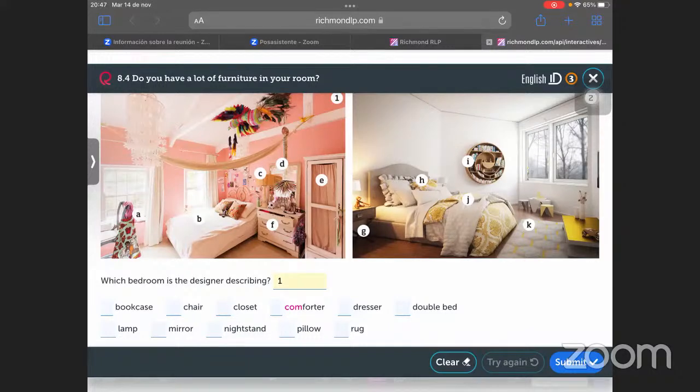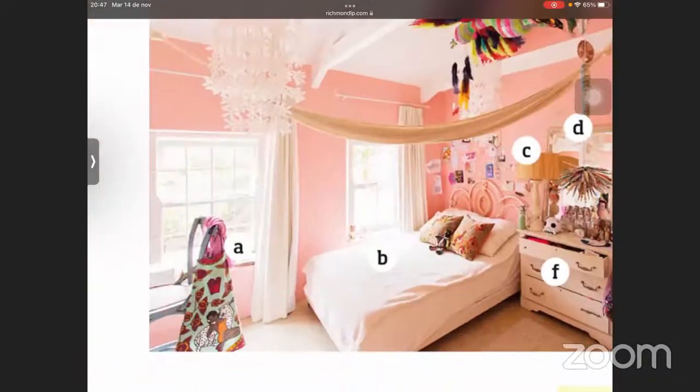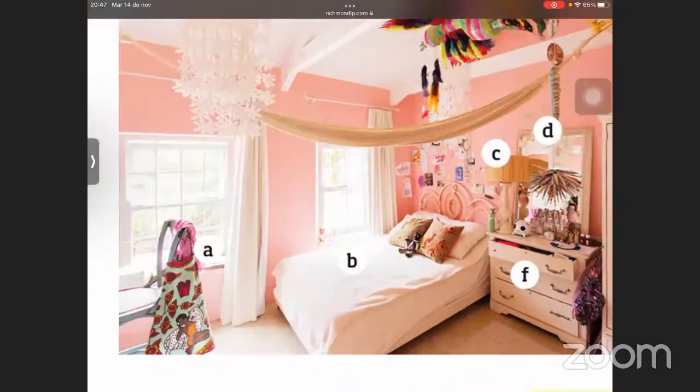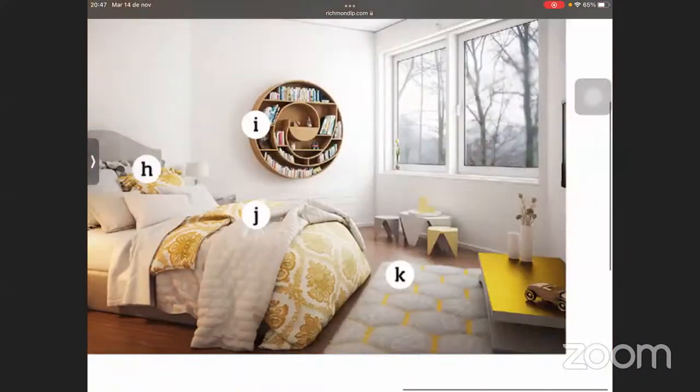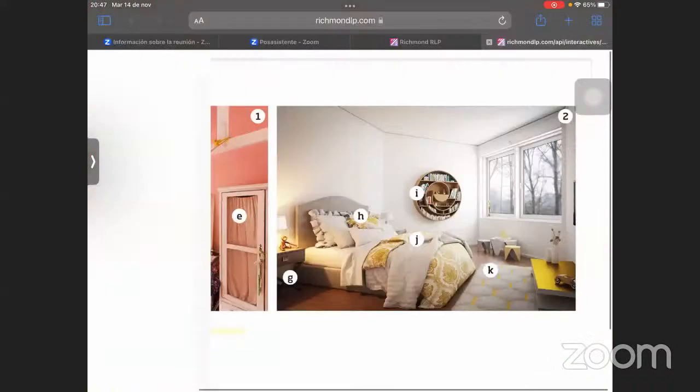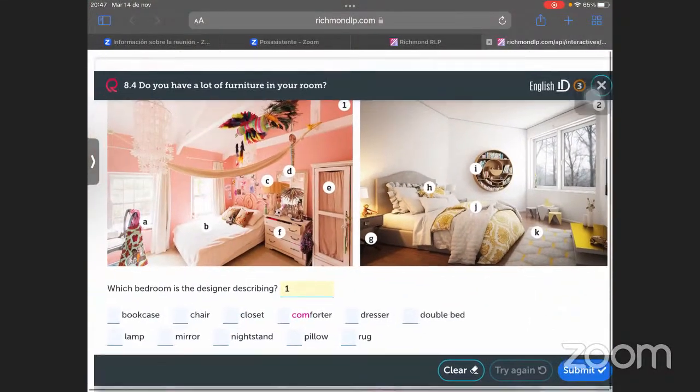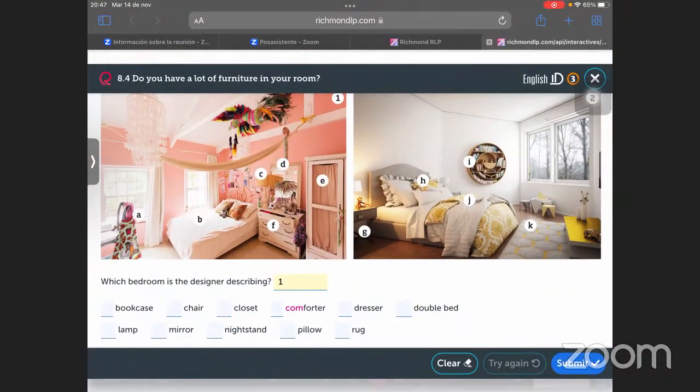Bookcase. What is a bookcase? What do you consider is a bookcase? Check it out. Letter A. Oh, no, teacher.